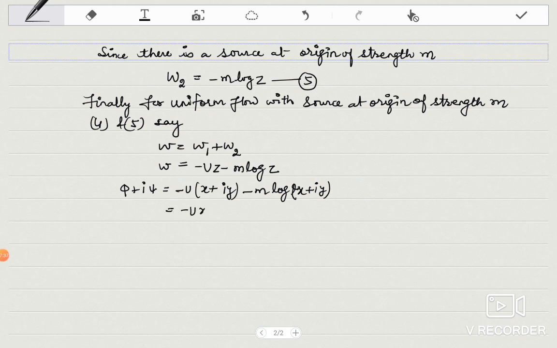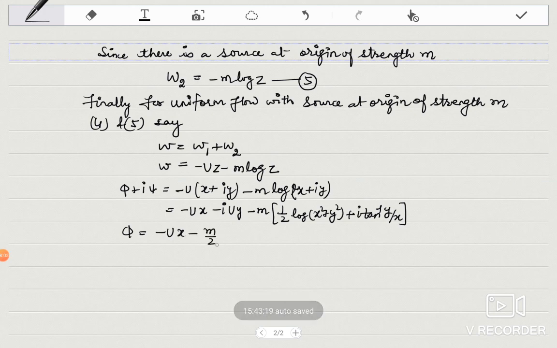Open it: minus Ux minus iUy minus m, and the formula for log x plus iy is 1 upon 2 log x square plus y square plus i tan inverse y upon x. This is the way to write log x plus iy in terms of real and imaginary parts. So comparing, phi is equal to minus Ux minus m by 2 log x square plus y square, and psi is equal to minus Uy minus m tan inverse y upon x.